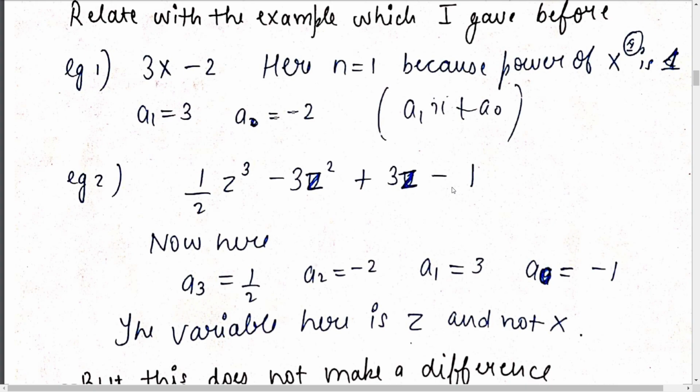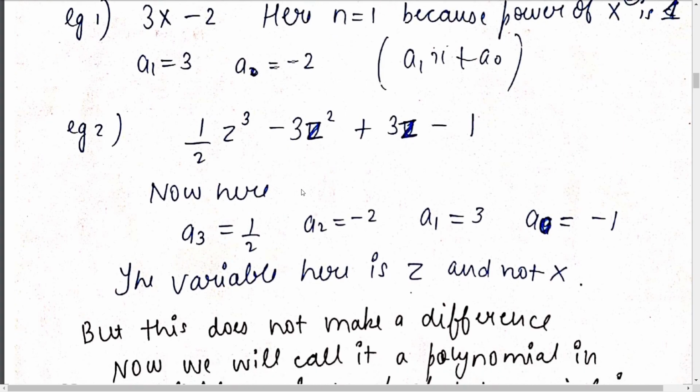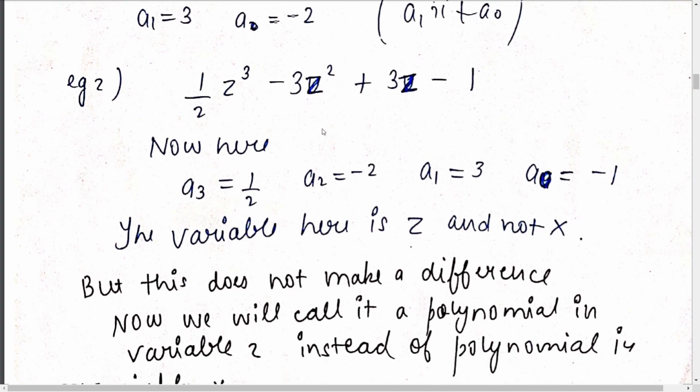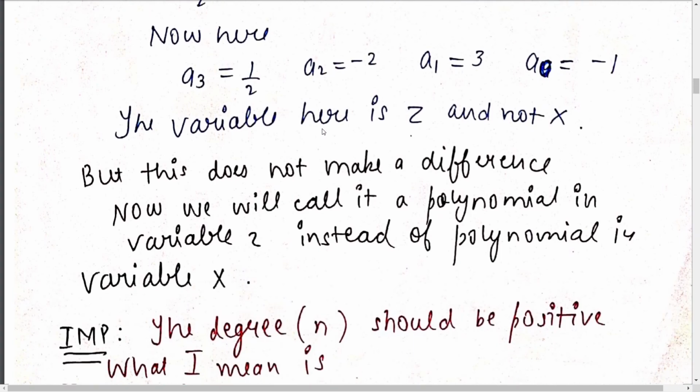So a0 is minus 1, a1 is 3, a2 is minus 3, sorry, I have written it minus 2, and a3 is half. Now I have written this polynomial in variable z and not x. Doesn't make a difference. This is now a polynomial in variable z instead of variable x. But this is also a polynomial.